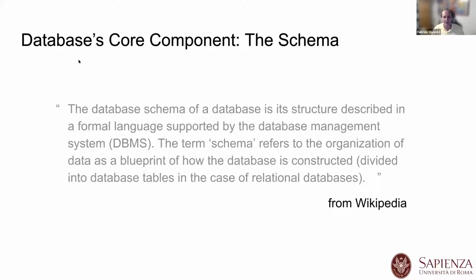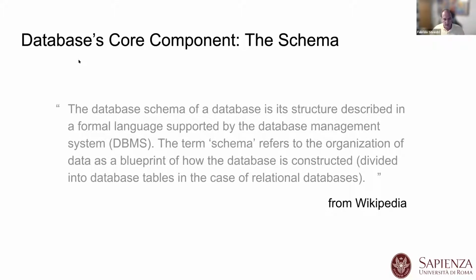This constitutes, I would say, the core of a database system, which is the schema. The schema is very rigid, and it describes the structure of your data. It is usually described in a formal language, and inserts and queries are also done in a formal language according to the schema of the database, right?